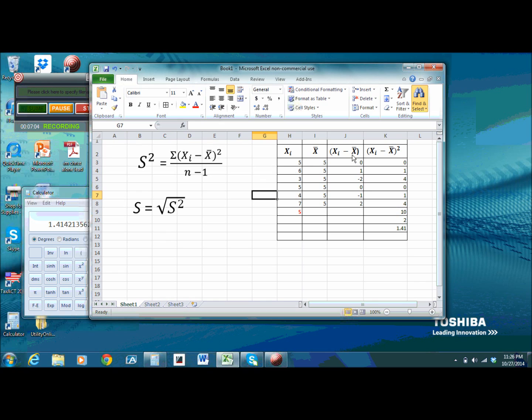So set it up something like this, but you can just use regular old letters X, and then you can call it X bar, or you can just call it the mean, X minus mean squared, just SQR, whatever. All I want is to make sure that we're doing this algorithm correctly, because it can be a little bit daunting until you see it done simply like this.